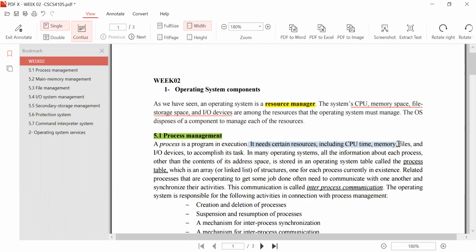It needs to store those variables somewhere. So it needs memory in order to run. It also needs files. Maybe it needs to write on some files, or it needs to read some files. And it also needs input and output devices in order to accomplish its task.